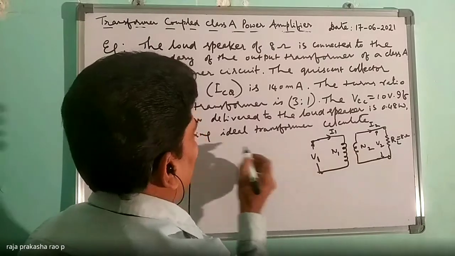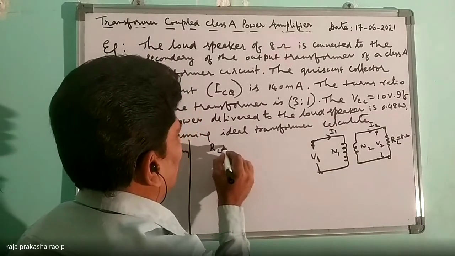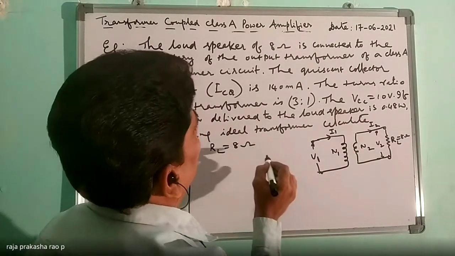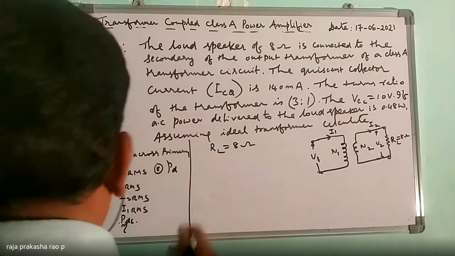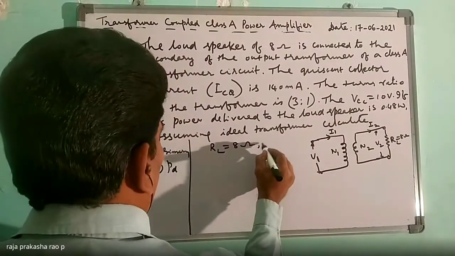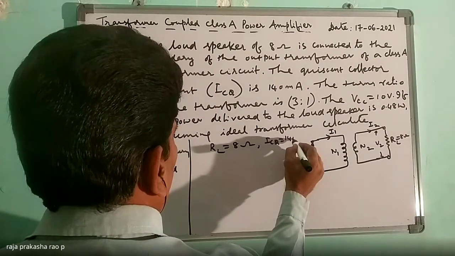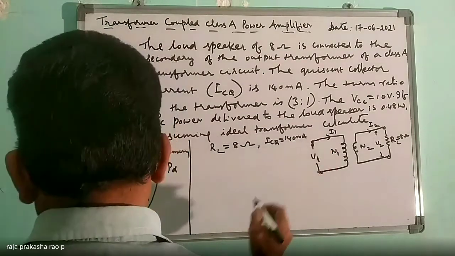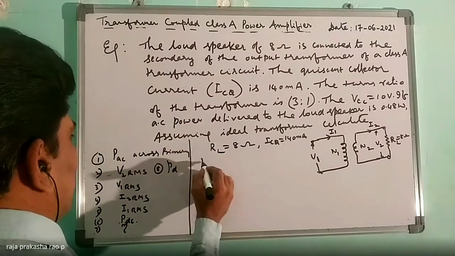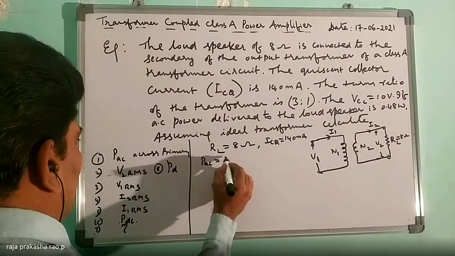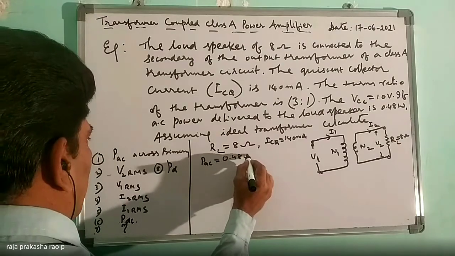So from the given data, I will write RL is equal to 8 ohms and ICQ is equal to 140 milliamps and PAC is equal to 0.48 watts.